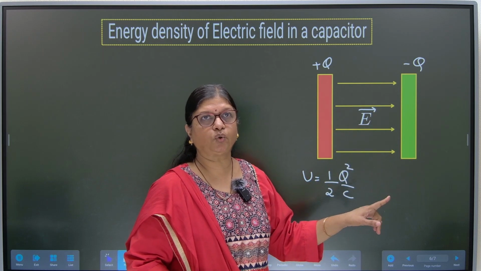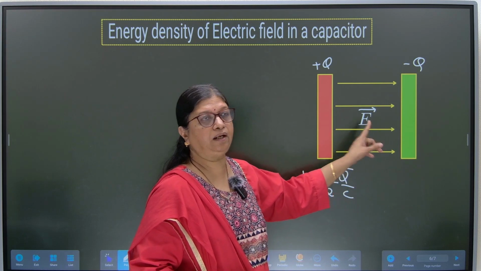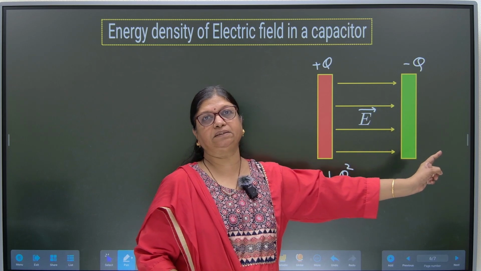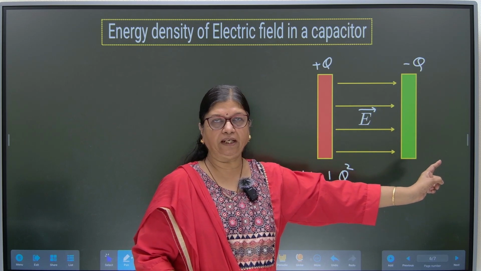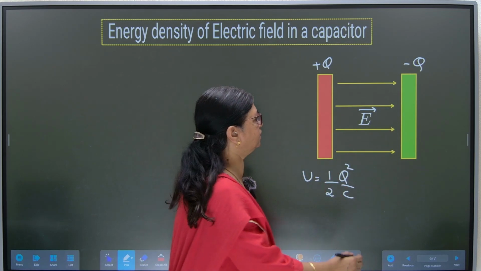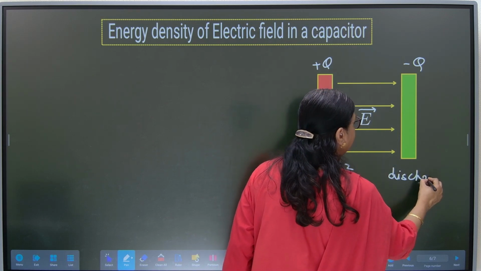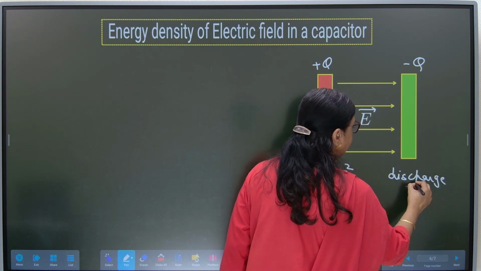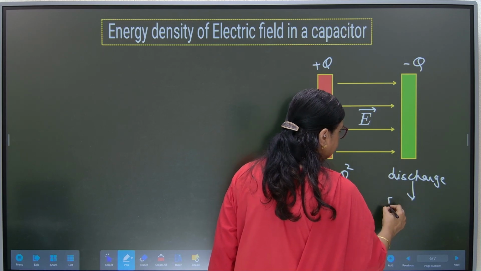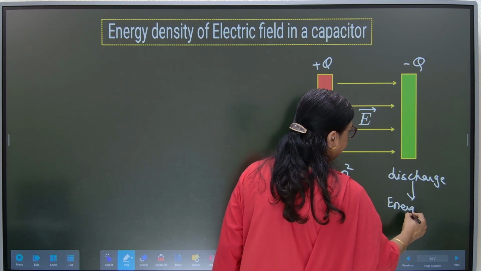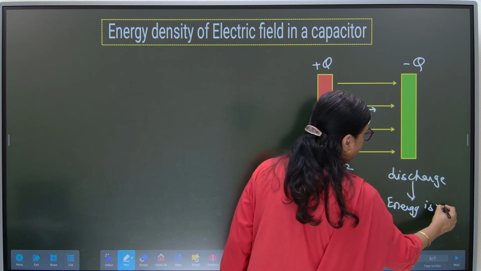This energy is stored in the electric field between the plates of a capacitor. Fine. And when there is a discharge of the capacitor, this energy is released from the electric field.